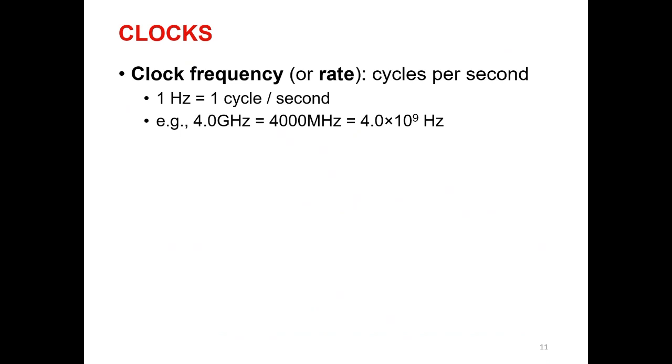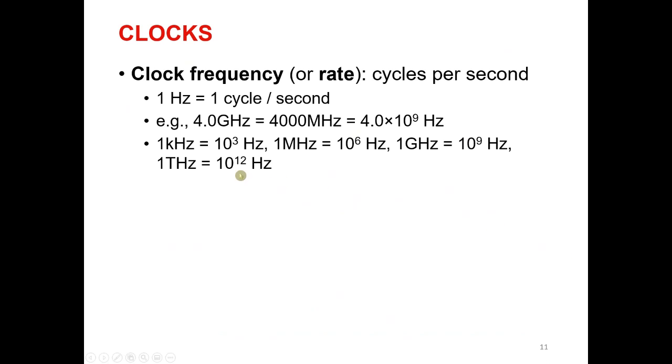When I say that the processors of my computer are running at a speed of 4 gigahertz, I'm referring to the clock frequency, the cycles per second in which my processor can do things, can update state elements. I have also put here a conversion from kilohertz, so you know how to convert from the different values to gigahertz, which is probably the most popular today.